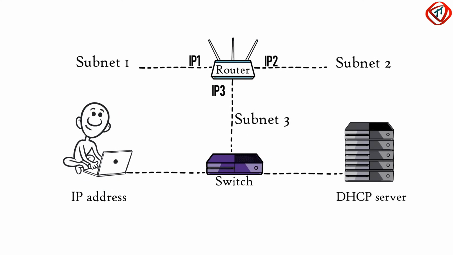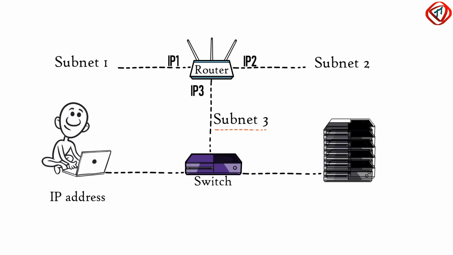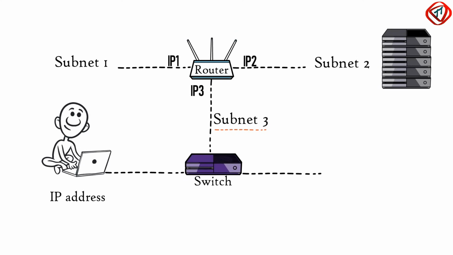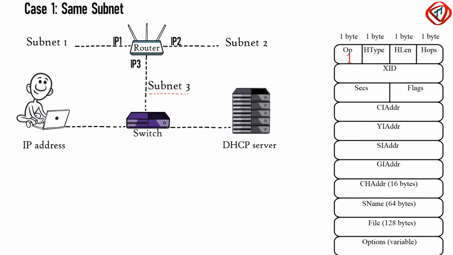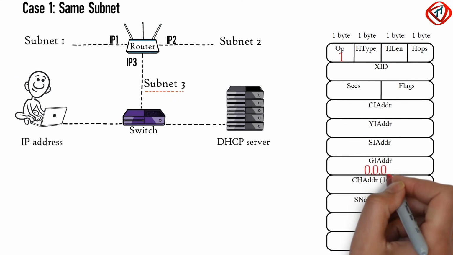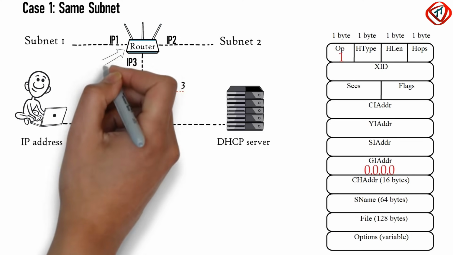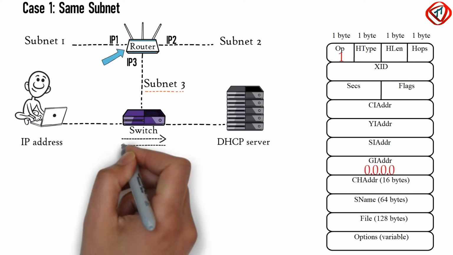Now, to access the internet, your laptop needs an IP address, and that is provided by the DHCP server. The DHCP server can be present within the same subnet, or it can be present in some other subnet as well. Starting with the first case, that is, when the DHCP server is present in the same subnet. In this case, the gateway IP address field of the DHCP packet remains 0 because the relay agent will not be involved in the DHCP conversation.